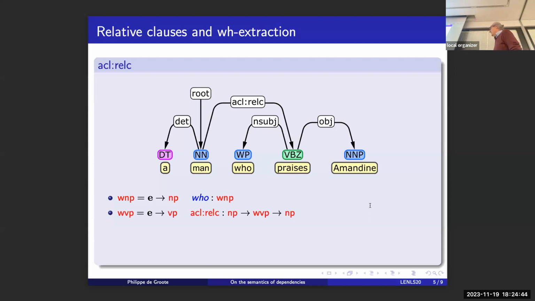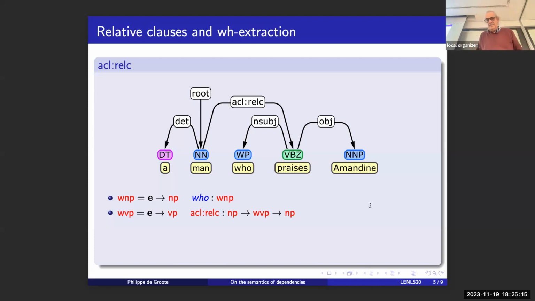Then we also define the same thing for the verb phrase, and the relation here, the dependency relation, is going to be between a noun phrase and a verb phrase where an entity has been extracted.